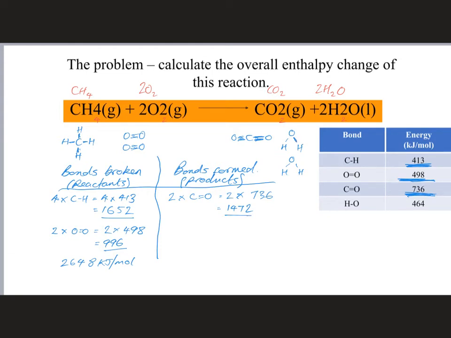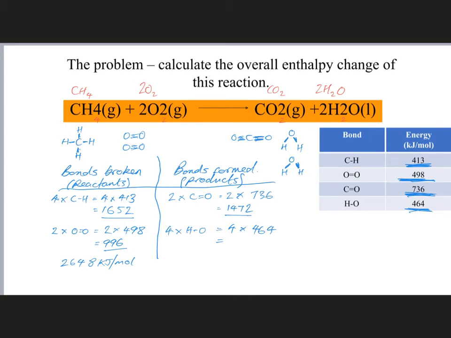Okay, and what other bonds are going to be made? Well, we've got 1, 2, 3, 4 times hydrogen-oxygen bonds. So how much energy is going to be released when we make 4 hydrogen-oxygen bonds? Well, hydrogen-oxygen, there's 464 kilojoules of energy in each of those bonds.